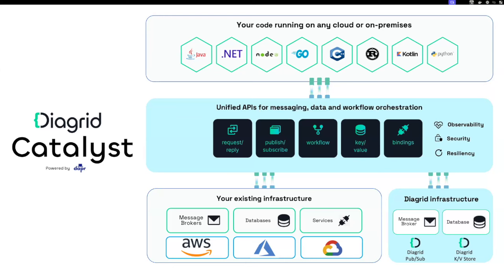So out of the box with Catalyst, you're able to actually use a Diagrid hosted message broker or database for key value pairs to eliminate that need to depend on an operations team that goes and deploys this on a given cloud provider and then has to manage that. So these infrastructure services are also scalable and secured on the Diagrid Catalyst side. So that's Catalyst at 1,000 feet.